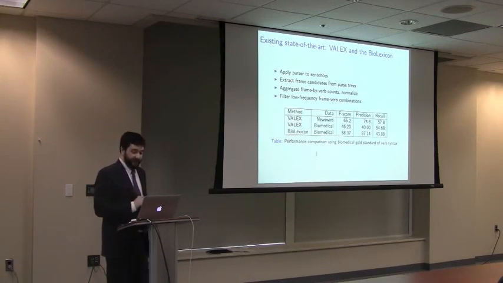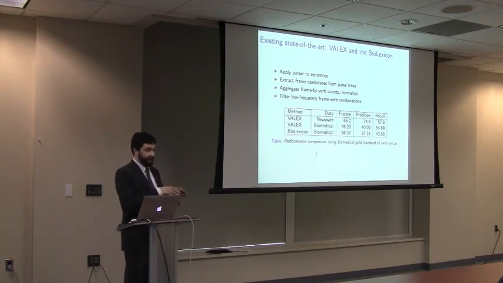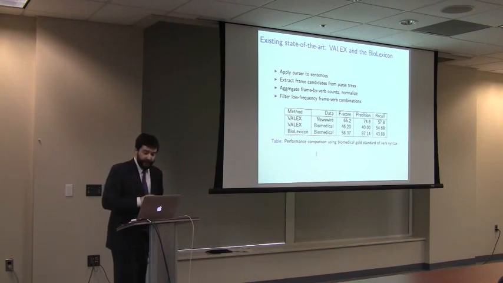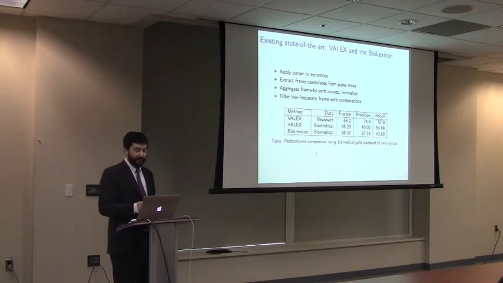They apply a preliminary base parser to the sentences to get some guesses of what the arguments to the verb are. They then extract the candidate syntactic frames from the parse tree output. They aggregate the frame by verb counts, and then they normalize them to get probability distributions, and then apply some sort of threshold to filter extremely low frequency combinations of verbs and frames that they believe might come from parse errors.